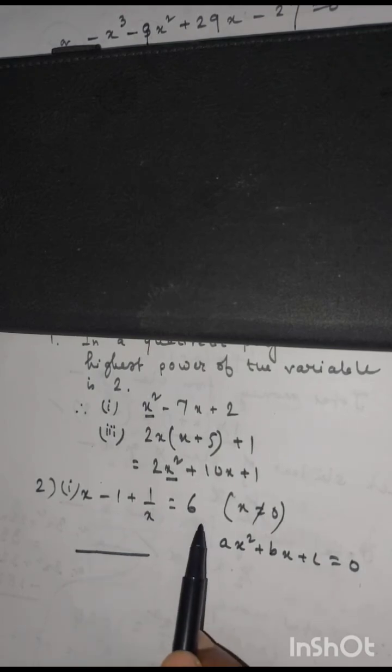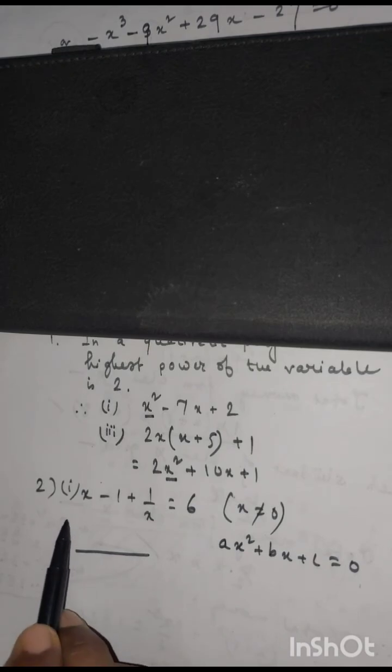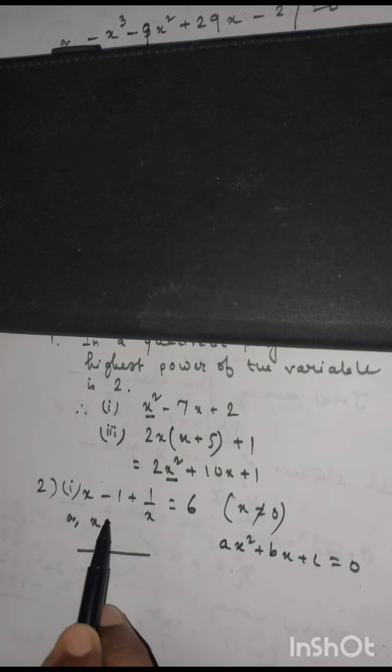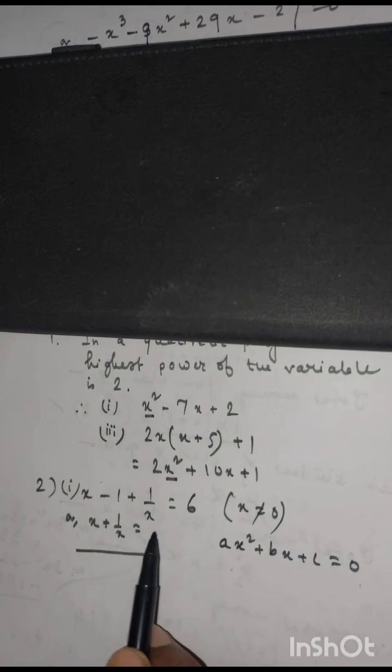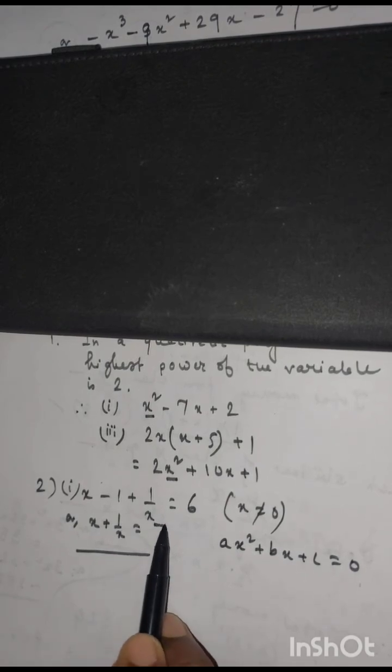Now if we simplify it, taking x as LCM, okay, let us first send minus 1 to the right side. It becomes x plus 1 by x equal to 7.